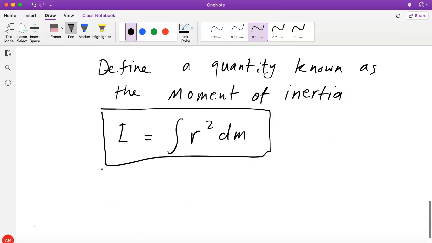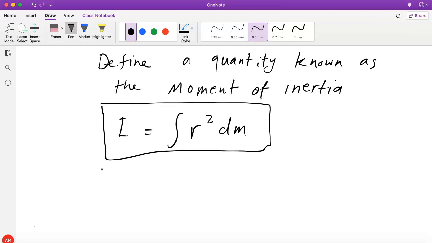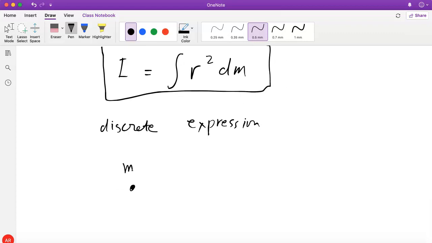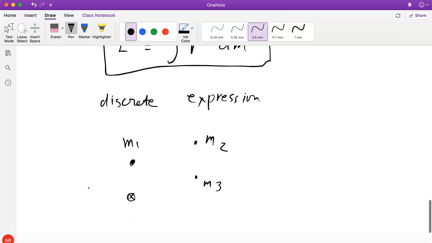So we did it in the continuous case using an integral by dividing our object into a whole bunch of small pieces. The discrete limit of this, if you have a whole bunch of particles, again, imagine you have a particle here, m1, a particle here, m2, another one, m3 here. You have a bunch of point particles, and then there's some axis of rotation perpendicular to this plane.